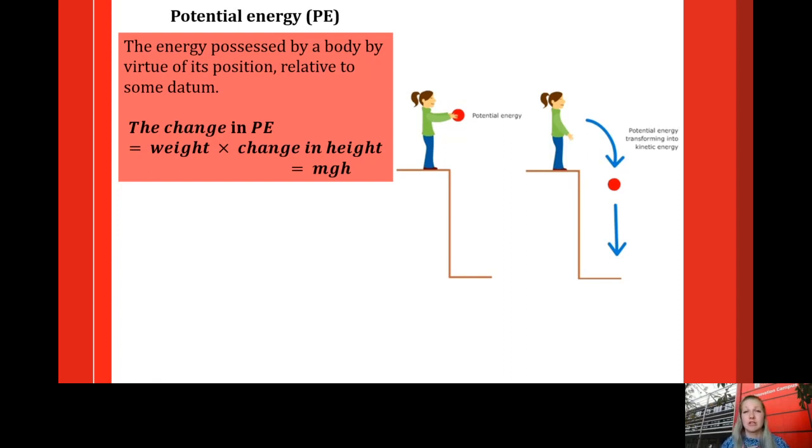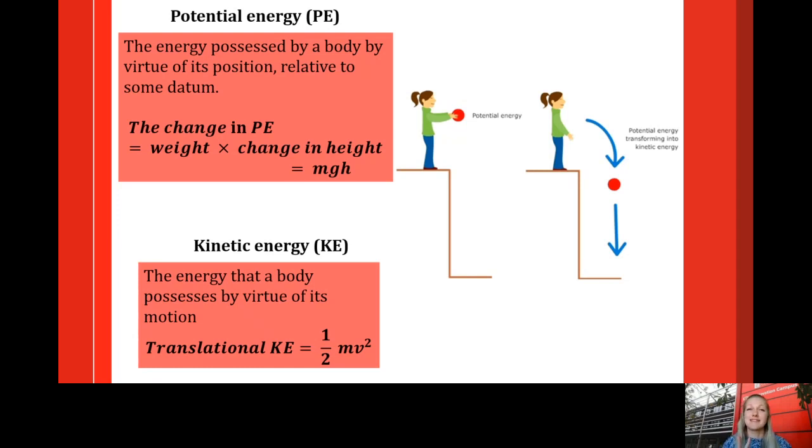This is measured from the change that we've got in potential energy, and it can be varied by the weight and the change in height of that particular object. We also need to include any resistances that we talked about previously. So in this example, the resistance would be gravity. So we would need to include gravity also within potential energy.